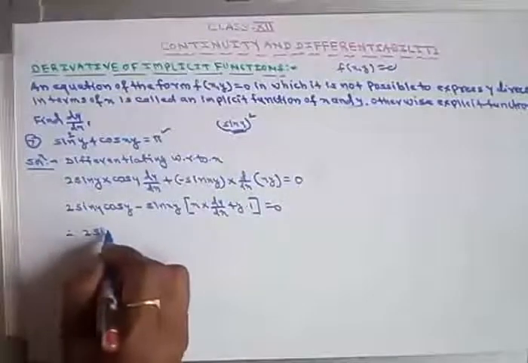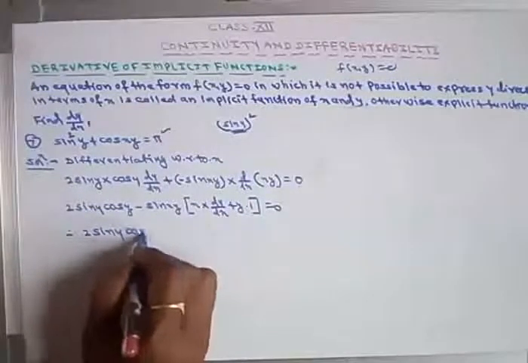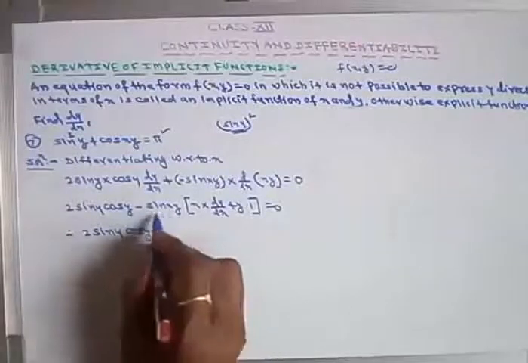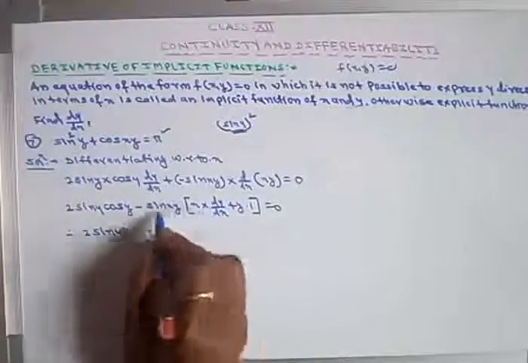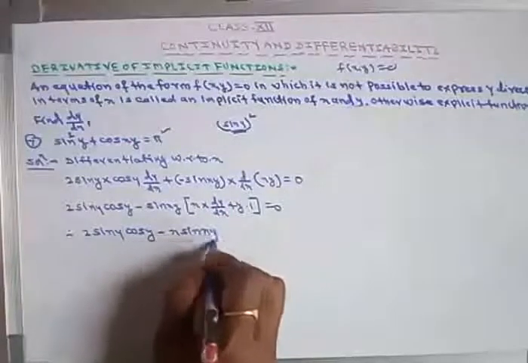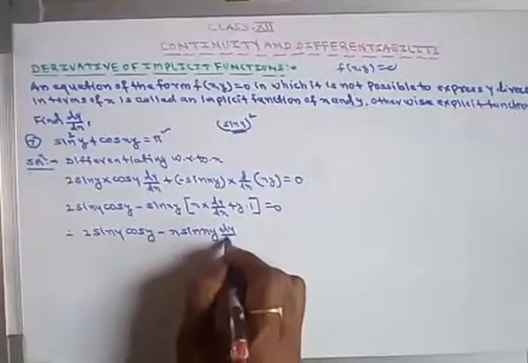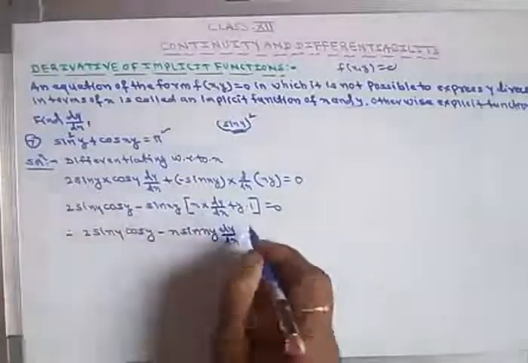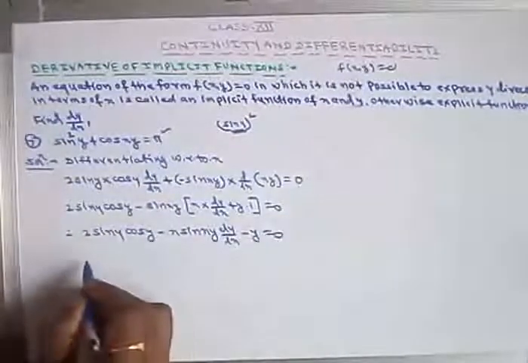Twice sin y cos y minus, so I am writing this, take the multiplication, minus x into sin xy into dy by dx, then this will be minus y equal to 0.